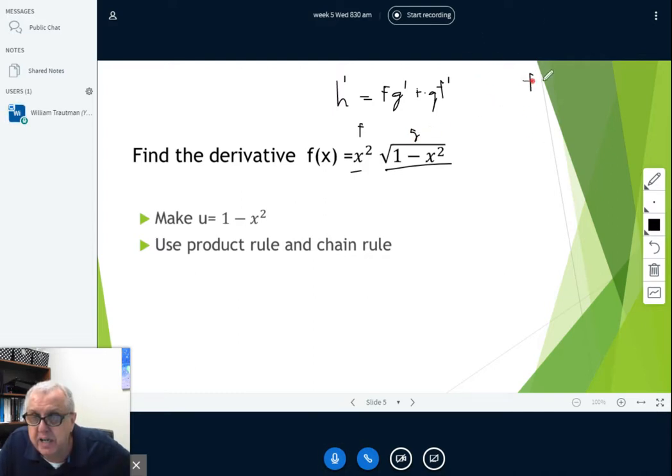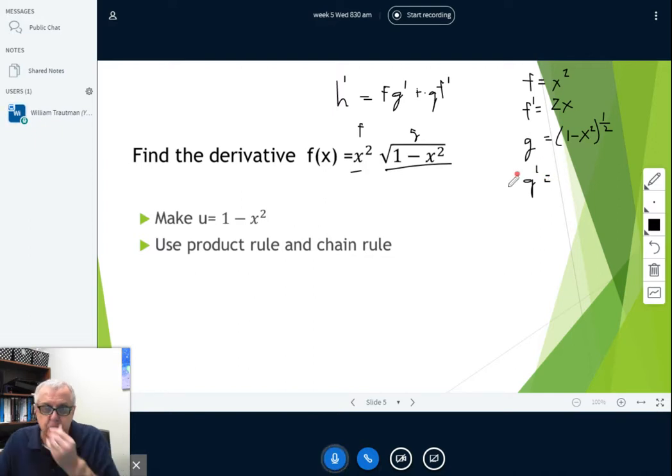So if I get f, I get x squared, and the derivative of f, or f prime, is 2x. Now if I say g is, let me write it like this, 1 minus x squared to the 1/2 power, I have to find g prime, the derivative of this.